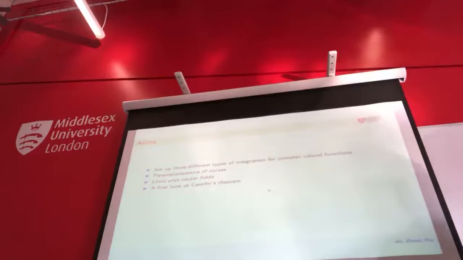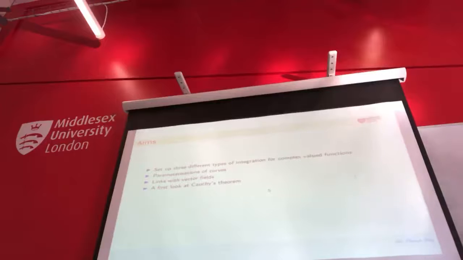But that is simply a tool to avoid having to prove all of the stuff that you did with vector fields. So stuff like how if you change the parameterization of a curve, then the integral is the same. If you swap the direction of the curve, then the integral should be the negative of what it was before, and so on.